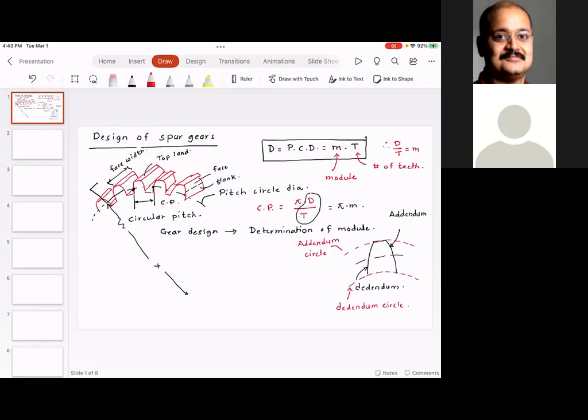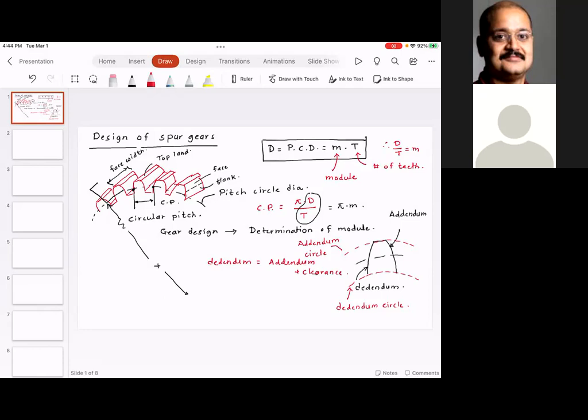Now, I want you to understand the addendum of the mating tooth mates with the dedendum of the other tooth. So what that means is dedendum has to be slightly greater than addendum so that the tooth can enter and exit. So there is some clearance. So dedendum is equal to addendum plus clearance.